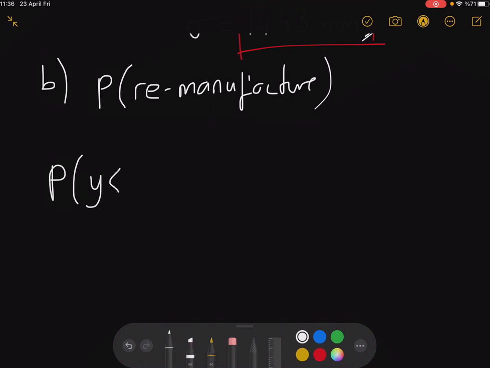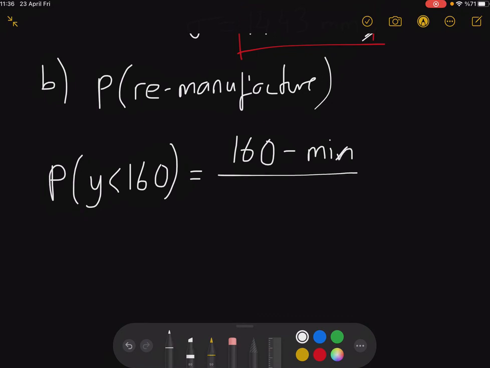So the probability of y less than 160 is what? This should be your minimum value here, and what you have here is given in the question as well.